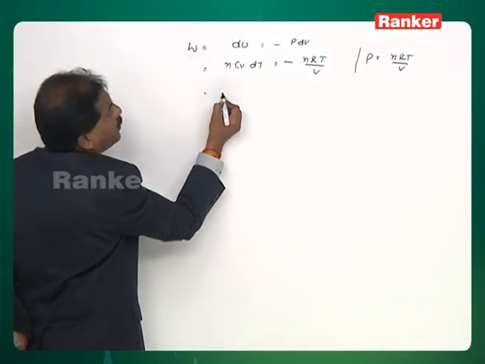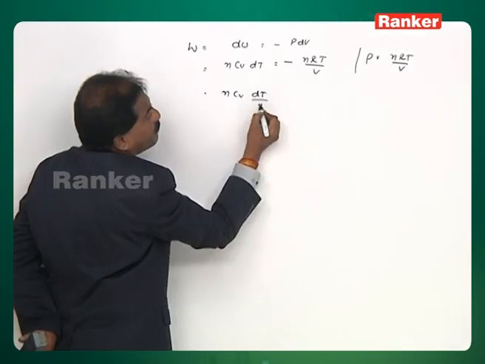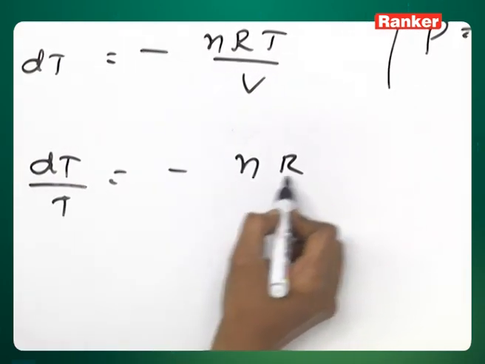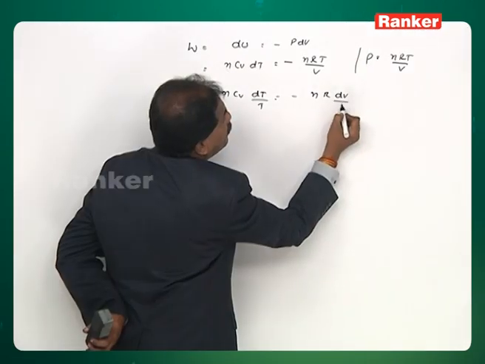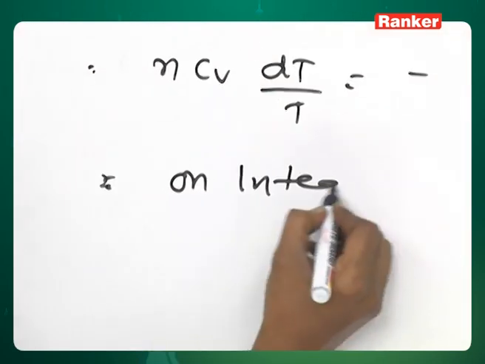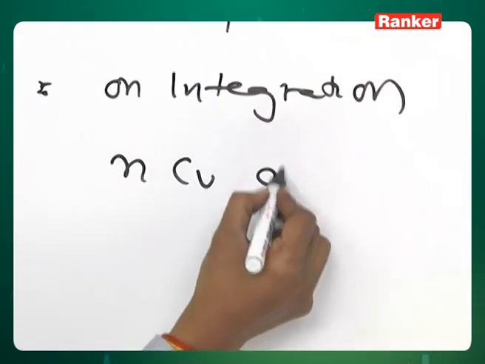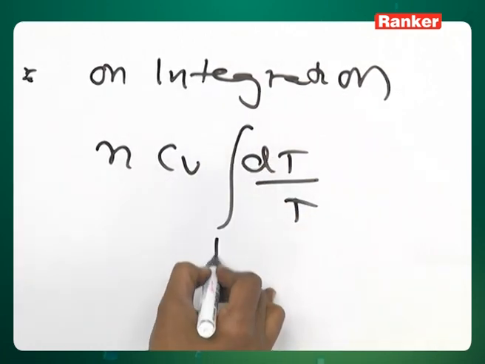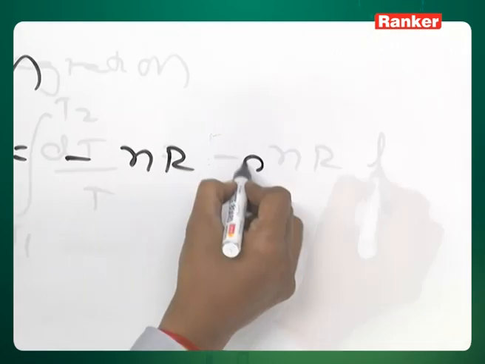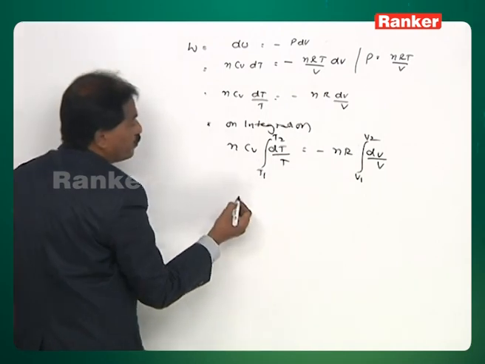Next, nCv, bring the temperature this side: nCv dT upon T equals minus nR dV by V. Next, on integration, nCv dT by T between the limits T1 and T2, minus nR dV by V from V1 to V2.